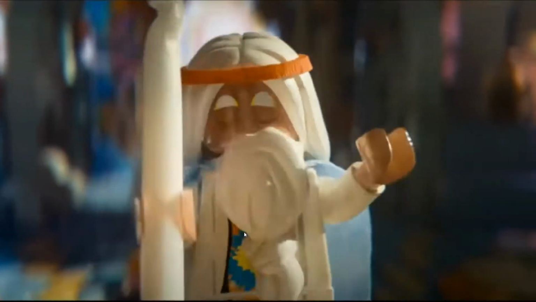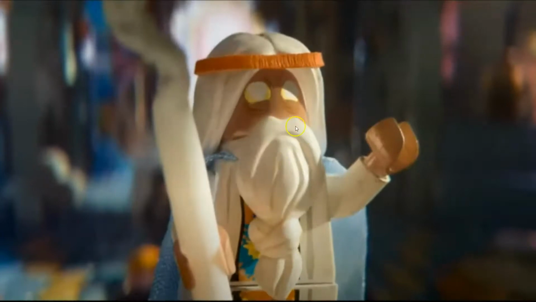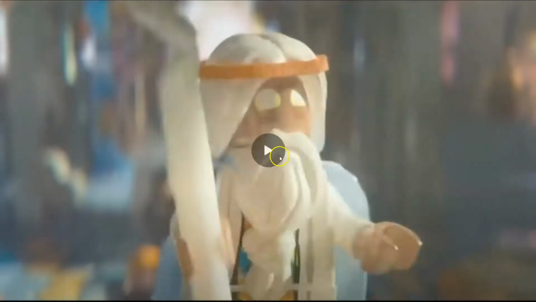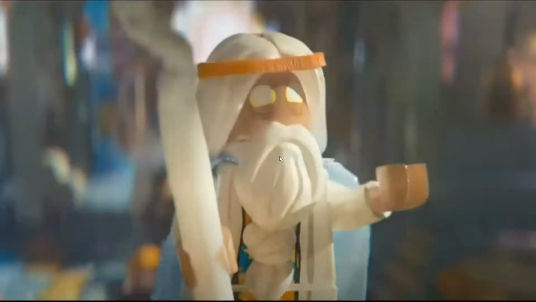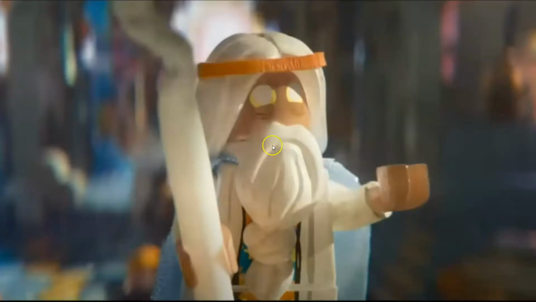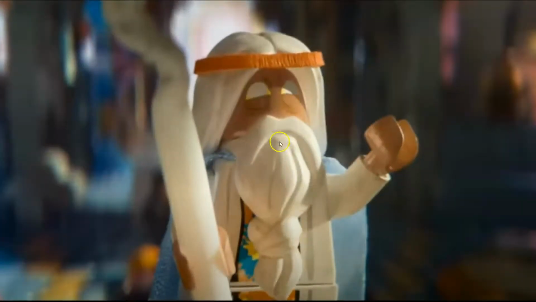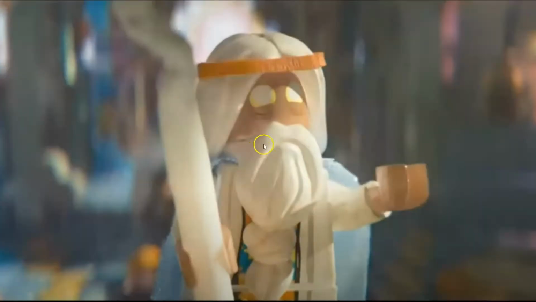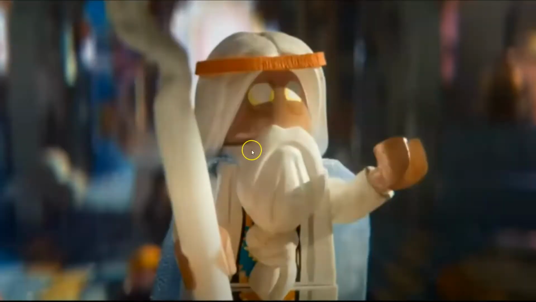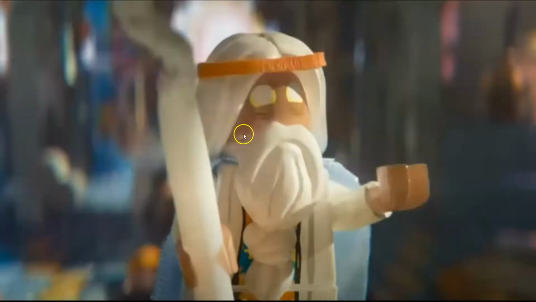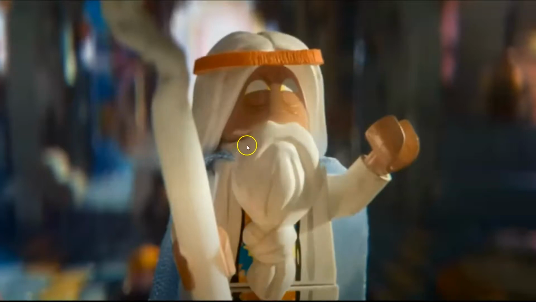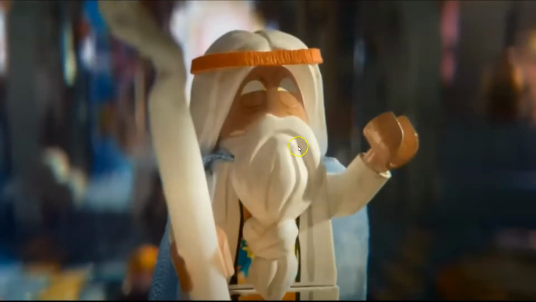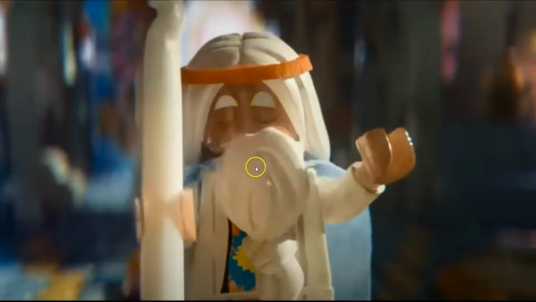This is a great one as well. Notice how he doesn't have a mouth, he just has a beard, but he's talking, right? But to keep the animation fluid, what they did is they rotate. Notice how the beard creates visual arcs. So the beard is screen left, then it goes to the right, down right, then up left, down left, then up right, then left, right.